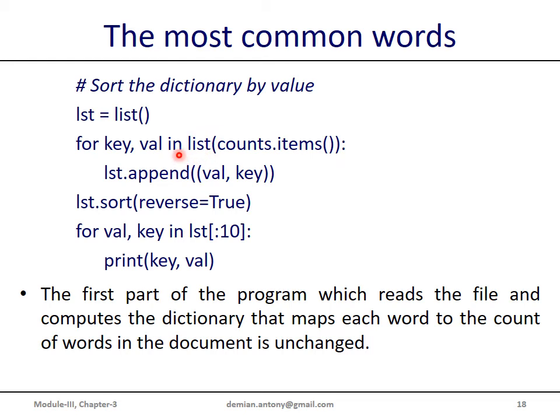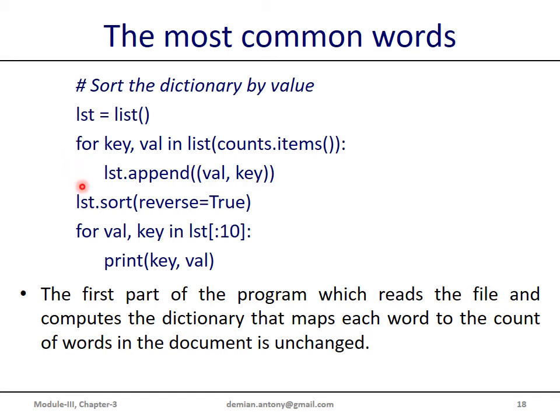What we have to do is append the key and value in the order of value and key. For each of the items of the dictionary counts, counts.items, get the key and value and put it in a list of tuples with the tuple as value and key.